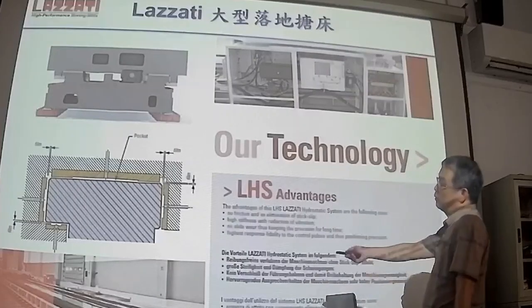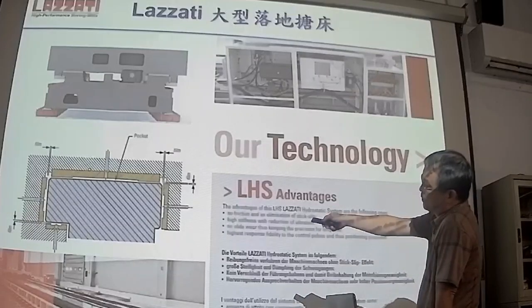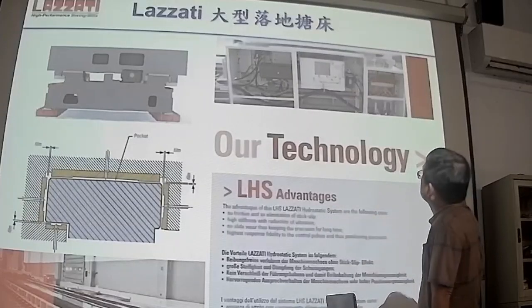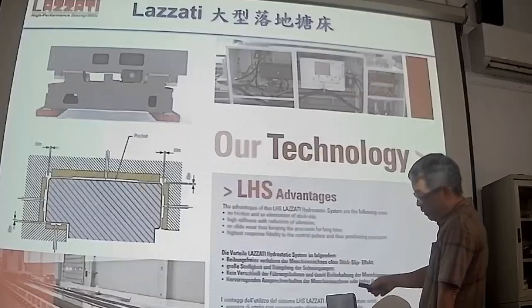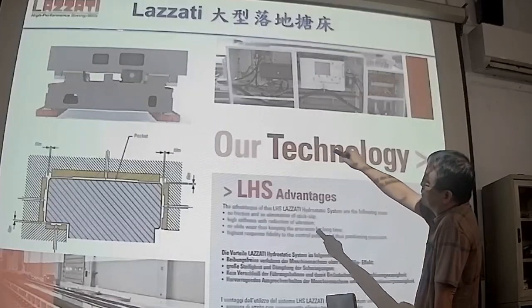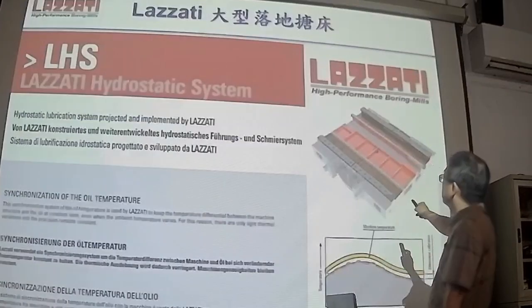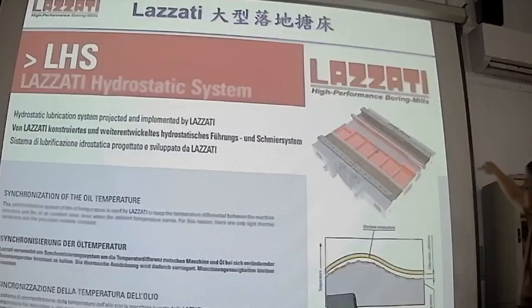The yellow one is the hydrostatic bearing pad or hydrostatic bearing recess. So we can look at the top of the slide there. In the linear direction, we have one, two, three, four, five, six pads.